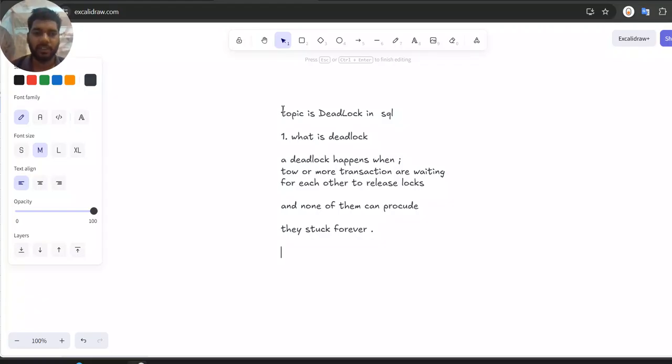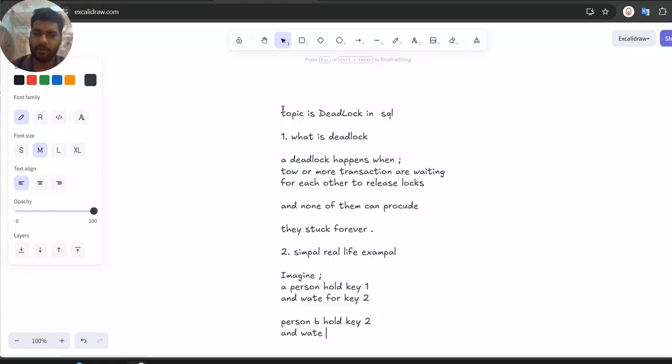So let's take a simple real life example. Imagine person A holds key 1 and waits for key 2, and person B holds key 2 and waits for key 1.